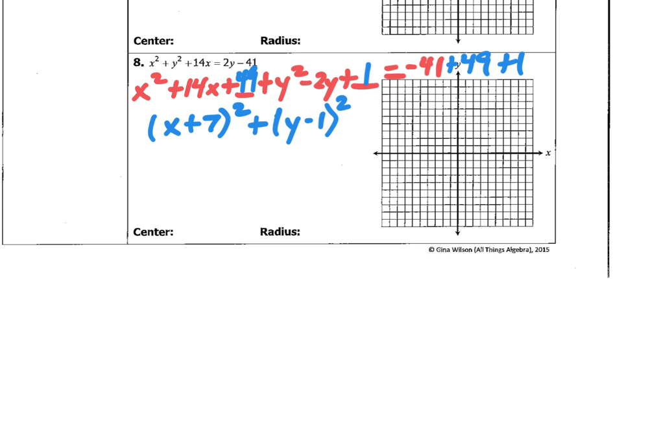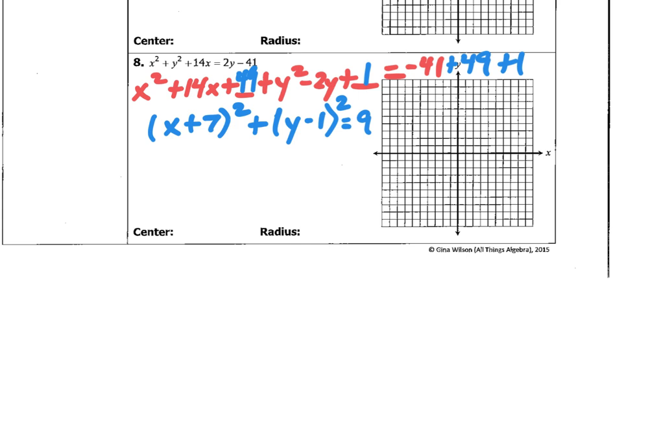And then over here on the right-hand side of the equal sign, negative 41 plus 49 would be 8. 8 plus 1 is 9. Once again, we get a pretty good feeling that we did something right if we get a number that's a perfect square. Numbers like 4, 9, 16, 25, 36, 49, numbers like that. When I see a perfect square there, that gives me a pretty good feeling that I did something right. We are now in standard form. This is the form we want, right?